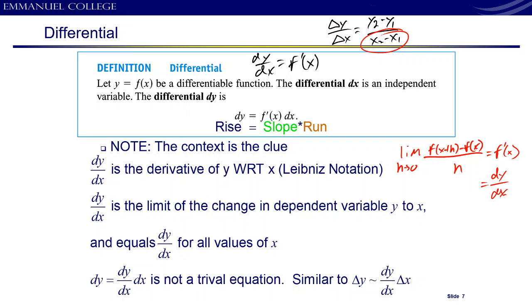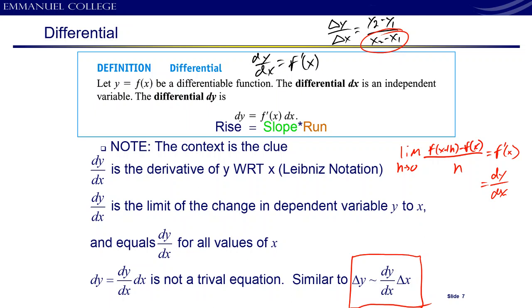Now it seems very trivial. If I do dy, that equals dy/dx times dx. Those should cancel, but we don't want to cancel them. The reason is I'm leaning into the equation over here, because I'm approximating the change in y with the derivative at the point times how much I moved from x, that point that I was plugging in.